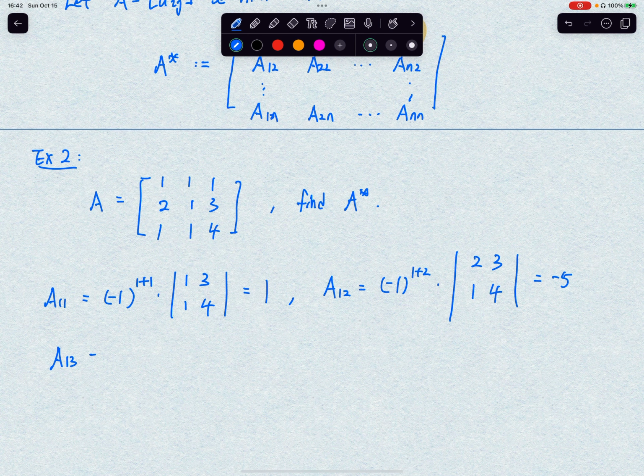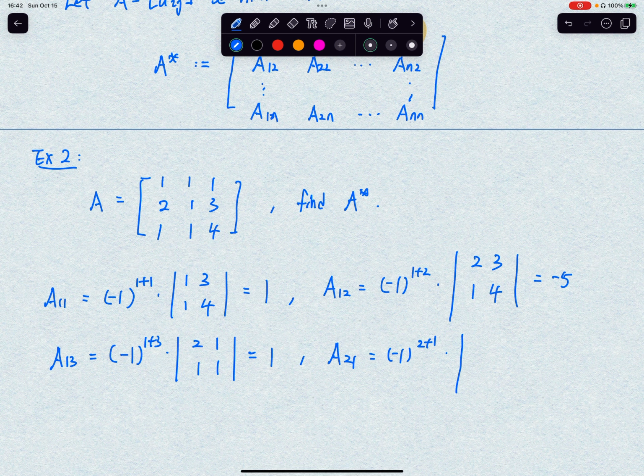Similarly, A13 equals minus 1 to the 1 plus 3, removing the first row and the third column, and the remaining is 2, 1, 1, 1. This gives us 1. Also, A21 equals minus 1 to the 2 plus 1, times the determinant of 1, 1, 1, 4. This gives us minus 3.